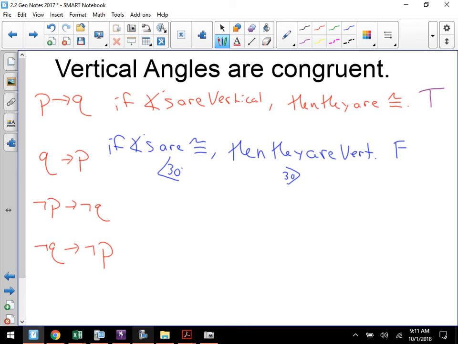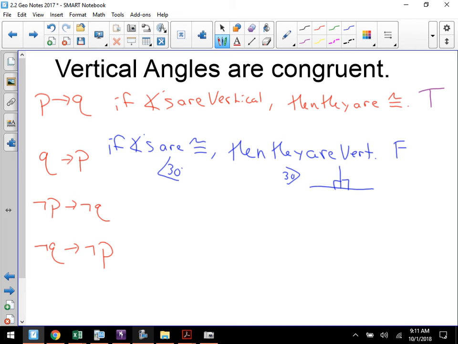They don't necessarily have to be vertical. I think I know what you're going for, but if you did this, can I do that? Those aren't vertical. Would that be an okay example? Sure, you just drew 2 90-degree angles. All right. That would be a counterexample. Anything that disproves the statement.